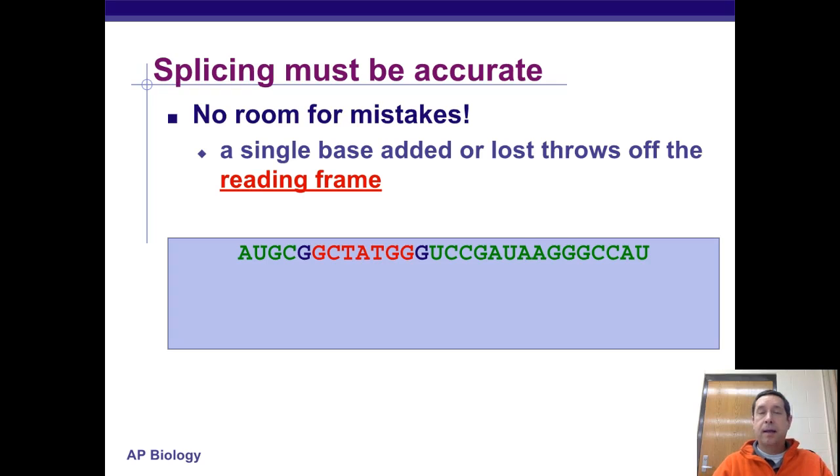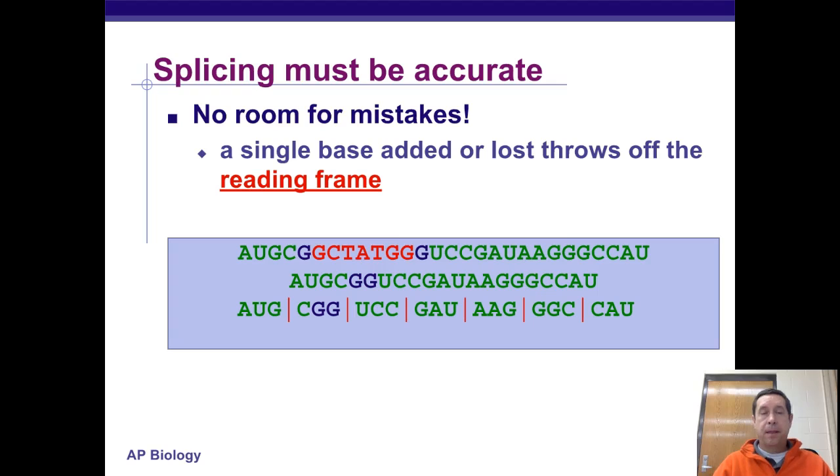So here we've got a gene. Remember, we haven't talked about this yet, but the message is read in groups of 3 called codons. And so each of those 3 codes for a particular amino acid.